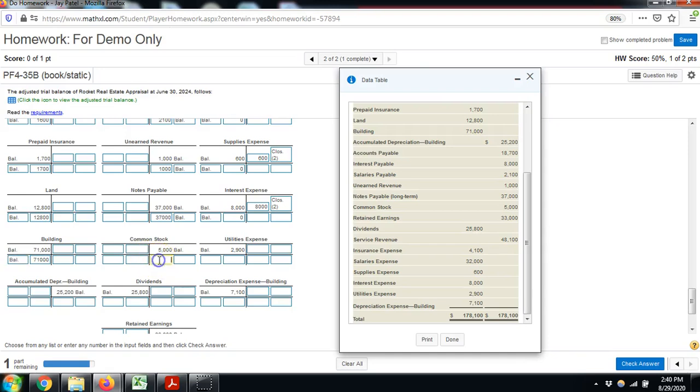This is a little tedious, I realize, but it should emphasize the fact that there are certain accounts that are temporary and some accounts that are permanent, like buildings, common stock. So hopefully going through this is clarifying that point.